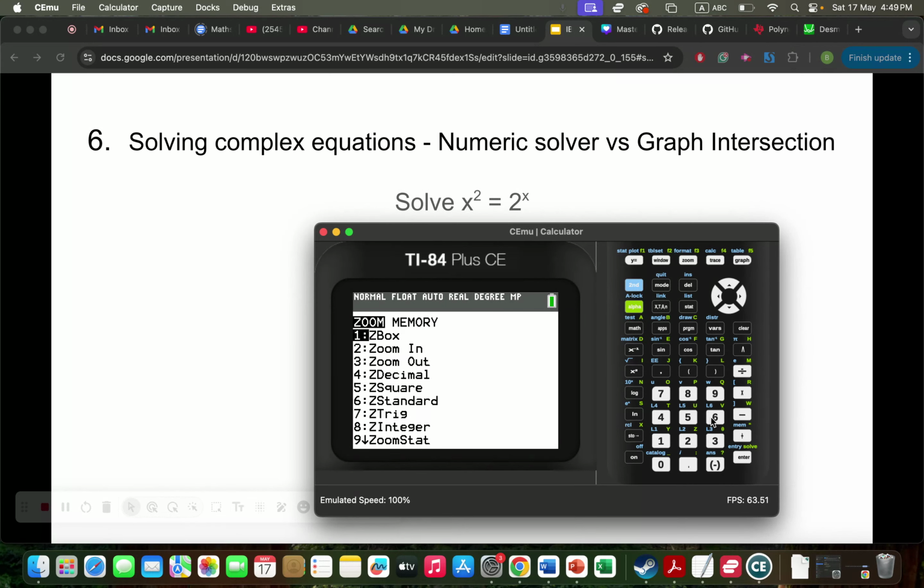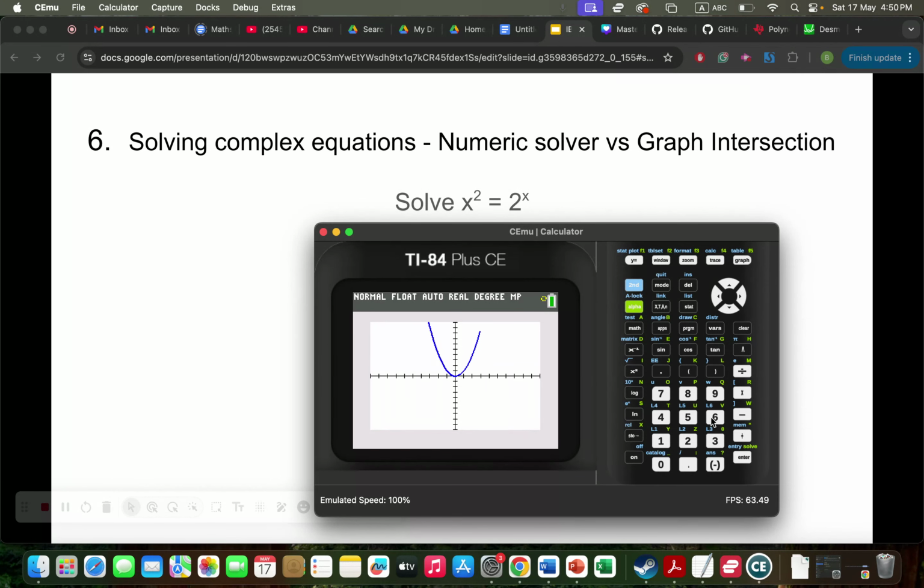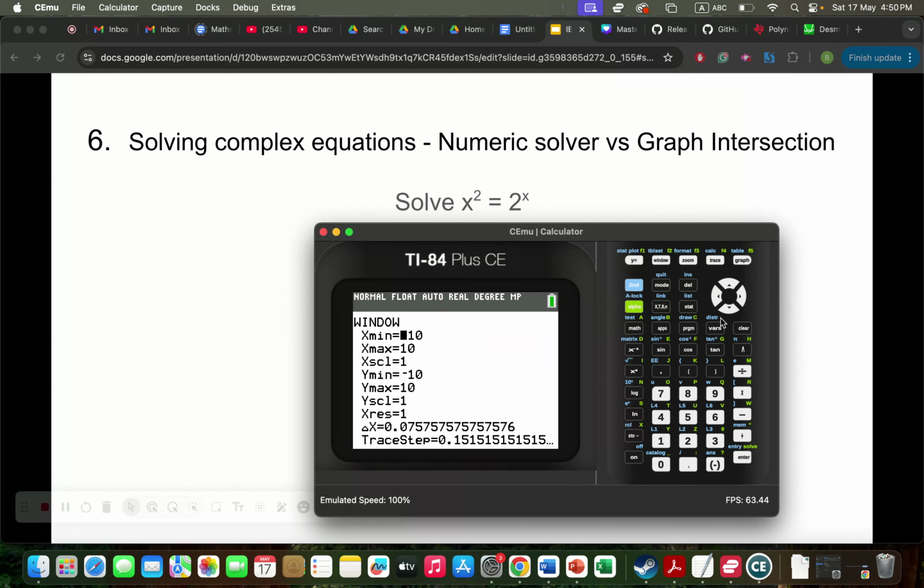I'm just going to choose back to standard. Okay, maybe I'll just change the window size back to what I did. Again, no hard and fast rule here, but okay, I'm going to graph it. 50 should be good enough.